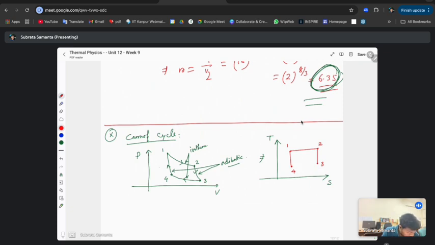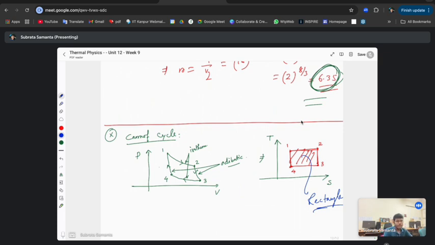So this is basically a rectangle in the TS plane.